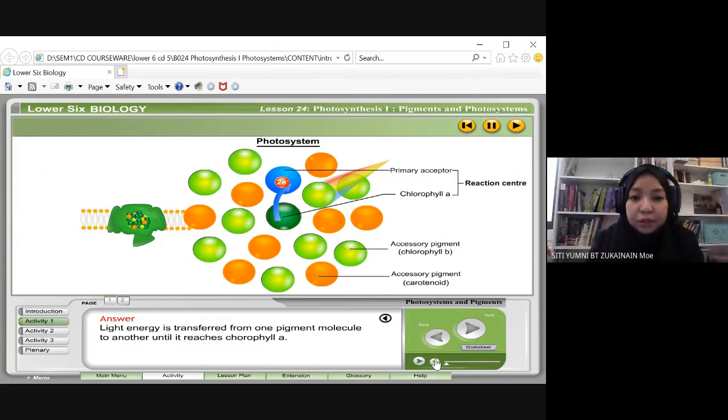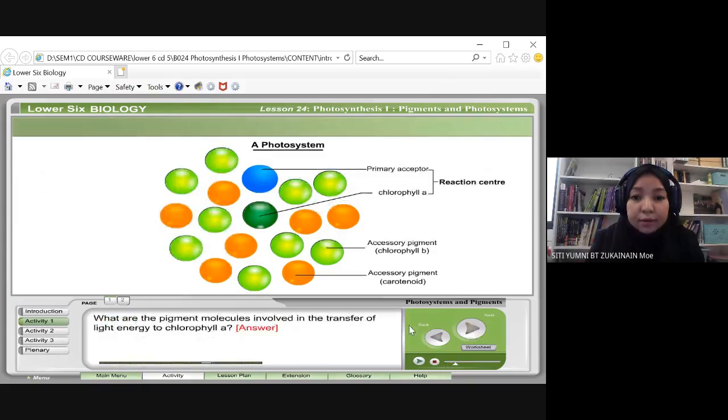Light energy is transferred from one pigment molecule to another until it reaches the primary pigment, which is chlorophyll A. What are the pigment molecules involved in the transfer of light energy to chlorophyll A?